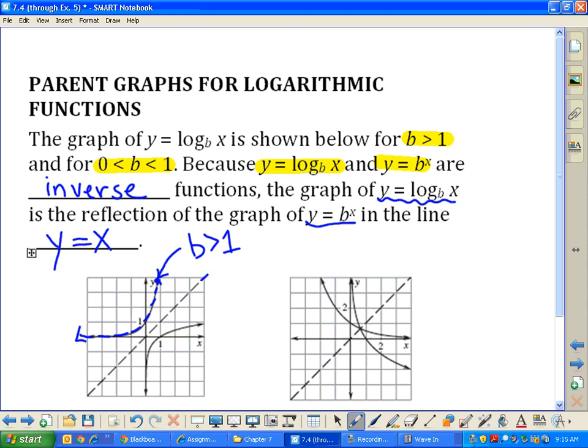If you flip it over the line y equals x, so that's the line y equals x right there, you actually get your solid logarithmic function, because logarithms and exponents are inverses. So this would be y equals log base b of x. And this function right here was our exponential, y equals b to the x.